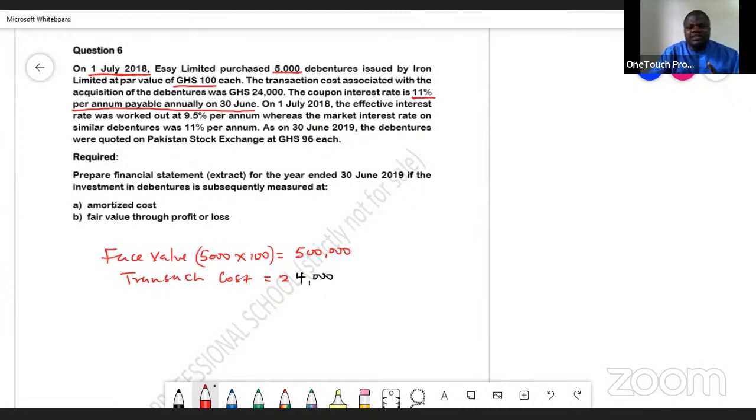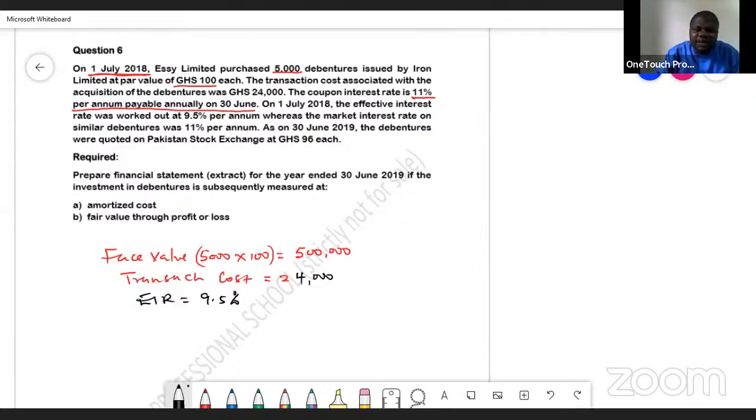On 1st July 2018, the effective interest rate was worked out at 9.5%. That is on the date of the agreement. It was 9.5%. So that is the effective interest rate, 9.5%. Whereas the market interest rate on similar debentures was 11%.